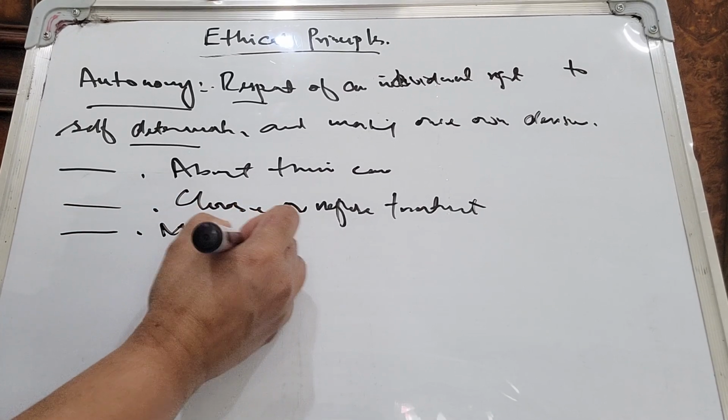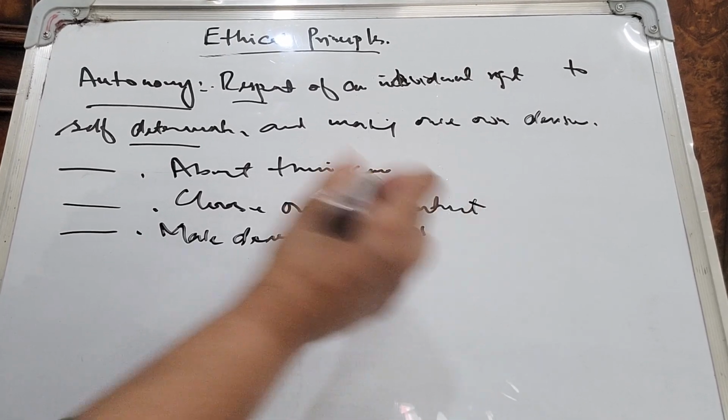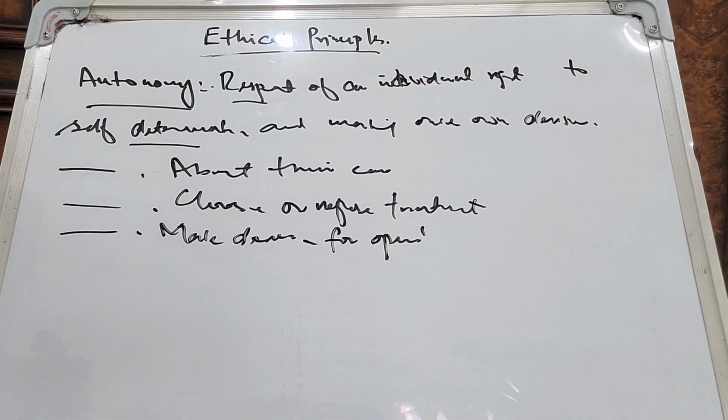Make a decision for an operation, like the written consent, that is also the right of the patient. We have to give respect, whether he refuses or accepts the procedure, that is the patient's right.